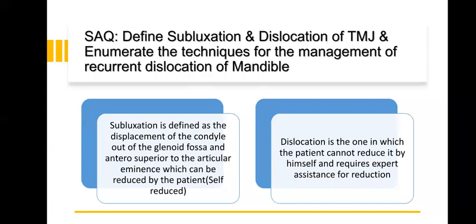So the condylar head goes out of the glenoid fossa and you cannot reduce it by yourself, you need an assistant for it. Then the second definition is dislocation. It is the one in which the patient cannot reduce it by himself and requires expert assistance for the reduction.